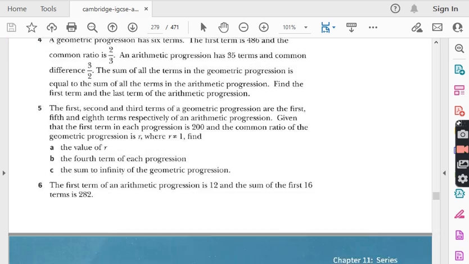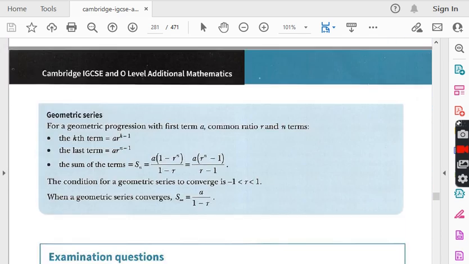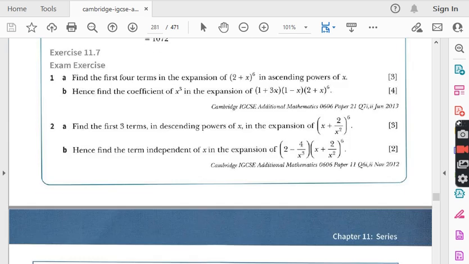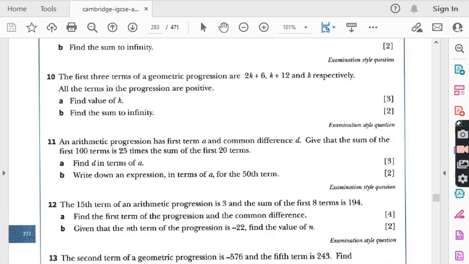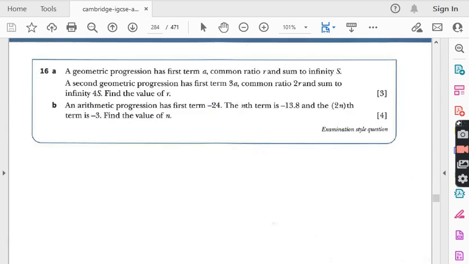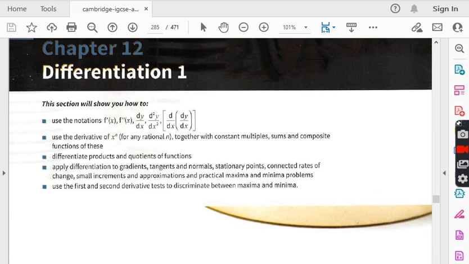Now in the next lecture we are going to start a very important, very interesting, very informative chapter number 12, that is differentiation 1. I promise you I will explain deeply each and every topic of this chapter.